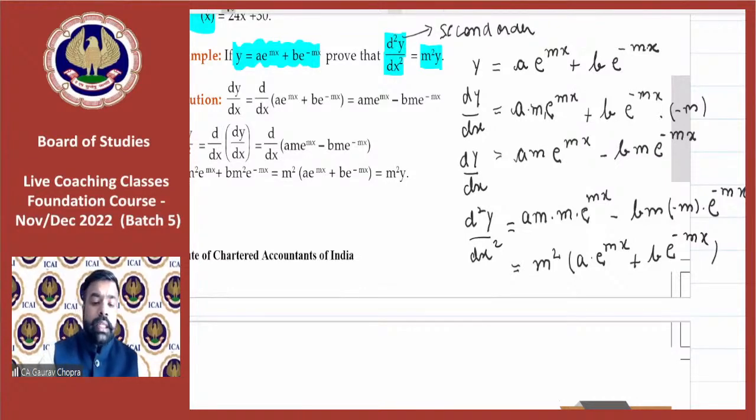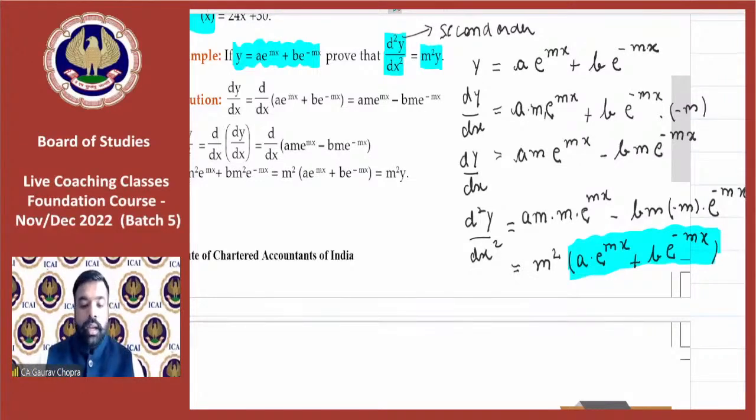Now, if we see this carefully, this is nothing but the given equation only. This is exactly equal to the given equation, and that is equal to y. So instead of this, we can write y.